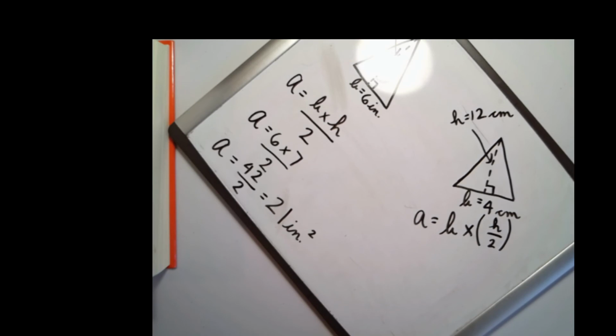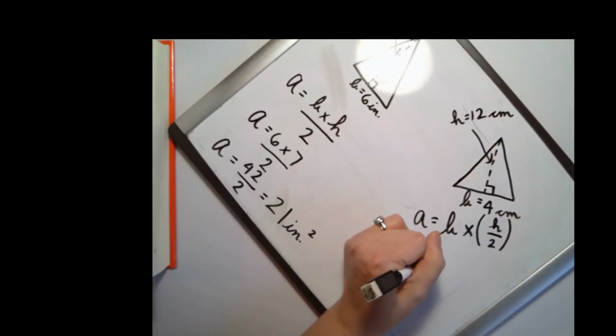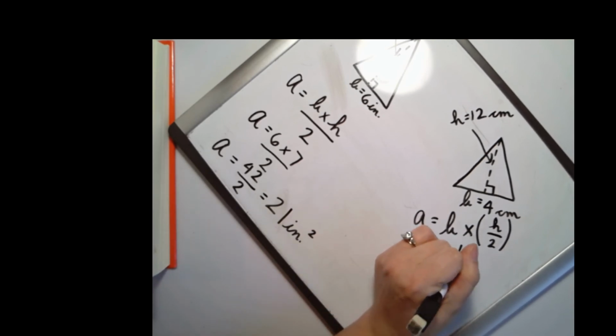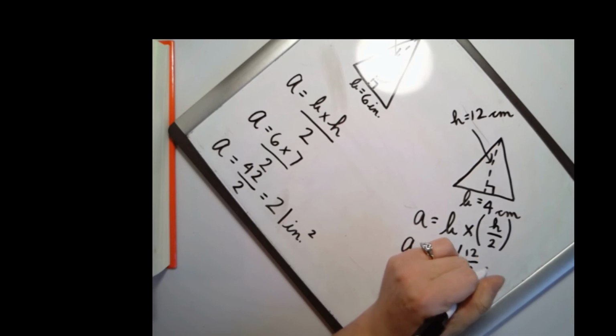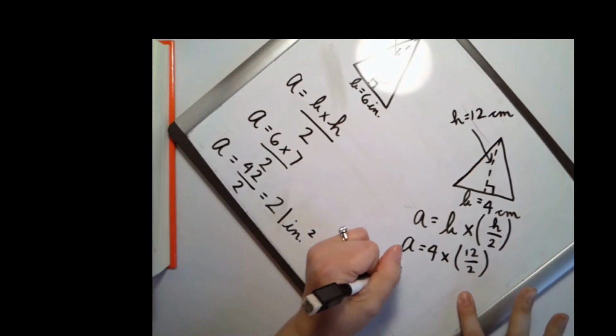Okay, so area equals 4 times 12 divided by 2. And we know that because it's in the parentheses, that's what we do first. So 12 divided by 2, 12 split in half, is 6.